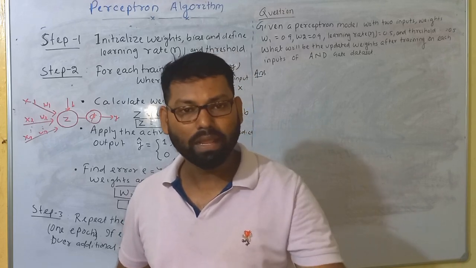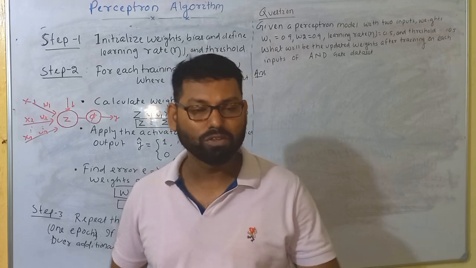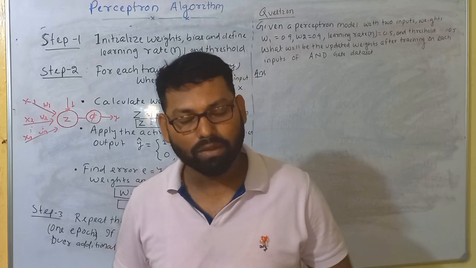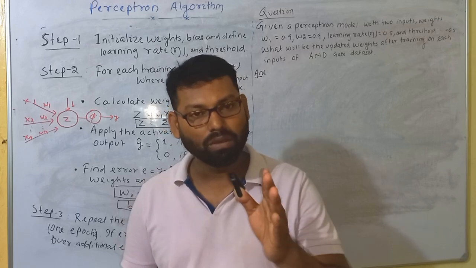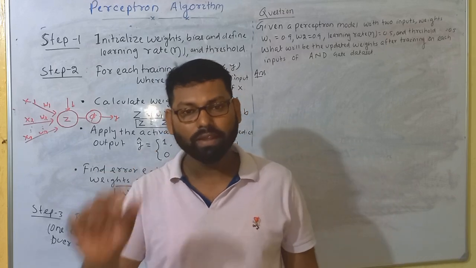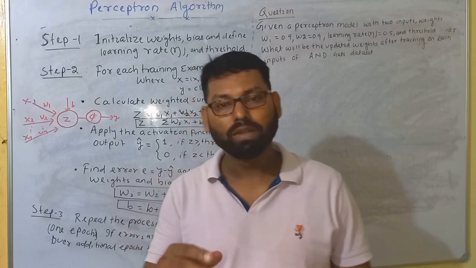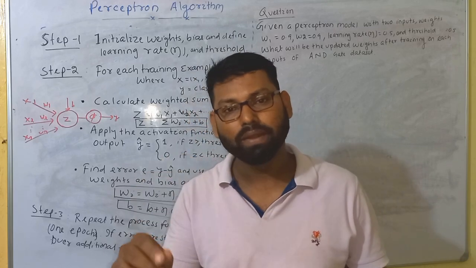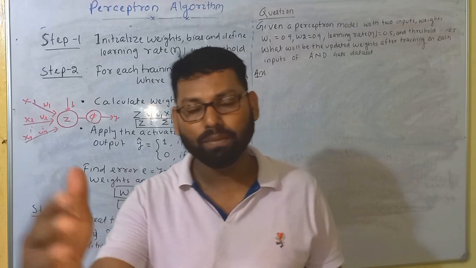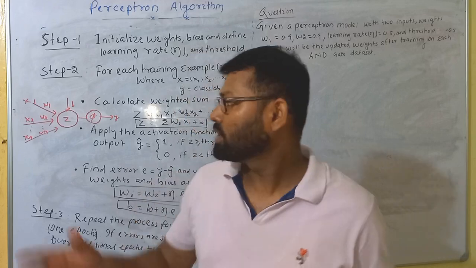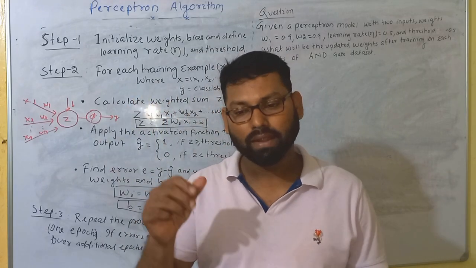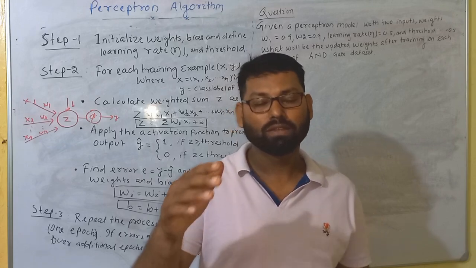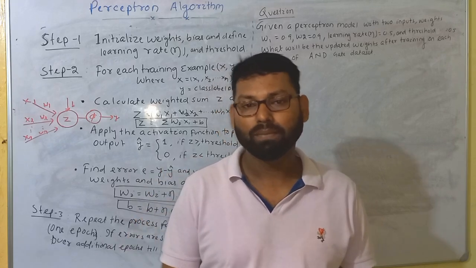But the problem is, if your steps are too large, you may go ahead of the destination. And if the steps are very small, the learning rate is very small, so the weight update is very slow and it will take a long time to reach the destination. That's why the learning rate has an important role. So we have to find the right learning rate so that our weight update will happen properly.